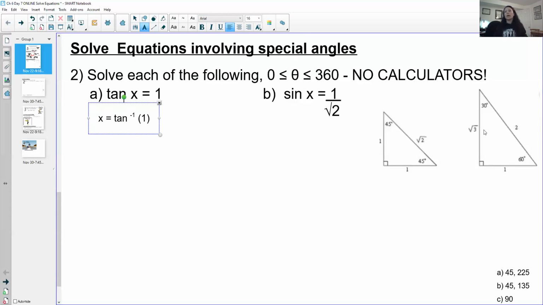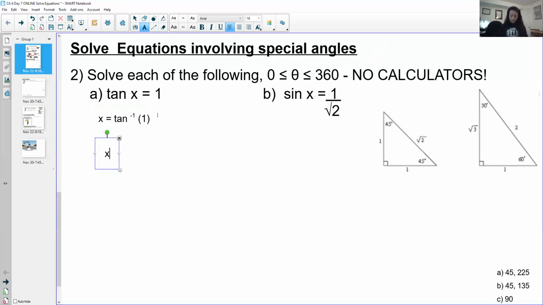There's no way I can use an opposite and an adjacent in this triangle, so I'm going to go to my special triangle with the 45 degrees. If I pick one of the 45-degree angles, opposite over adjacent, that's my tan ratio, would be 1/1, which would give me an answer of 1. So my angle happens to be 45 degrees.